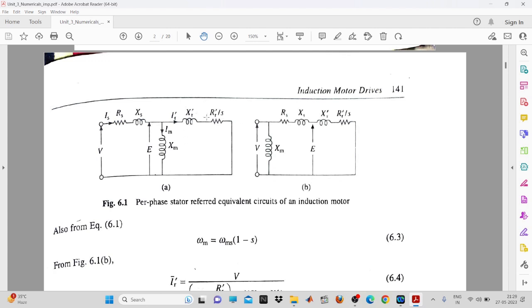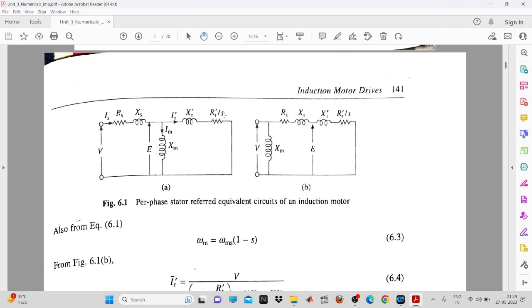So now there will be XR dash and RR dash. As you know that there is an air gap, so we have taken the entire rotor part onto the stator side. So there you will come to know that you will be having this dash part. So when you shift this XR dash and RR dash upon S, why does the S appear in the RR term?